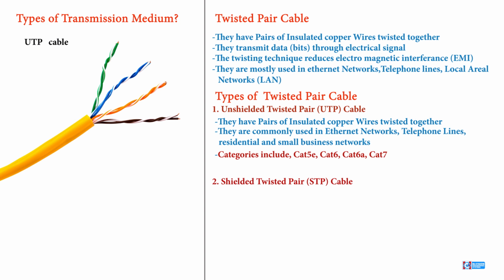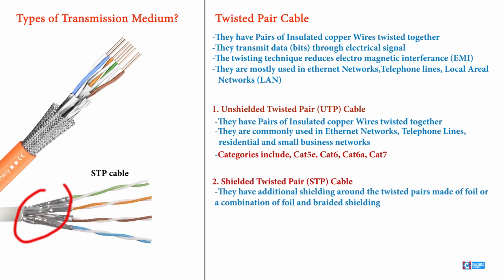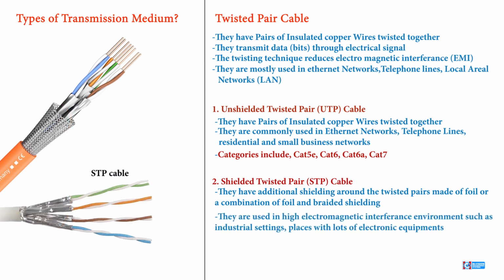Now, talking about the shielded twisted pair or the STP cable, these cables have additional shielding around the twisted pairs, typically made of foil or a combination of foil and braided shielding. STP cables are used in environments with high levels of electromagnetic interference, such as industrial settings or places with lots of electronic equipment.